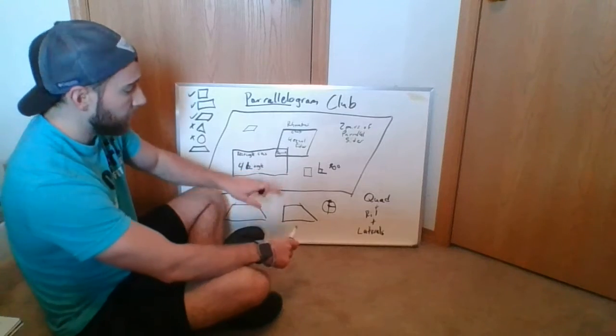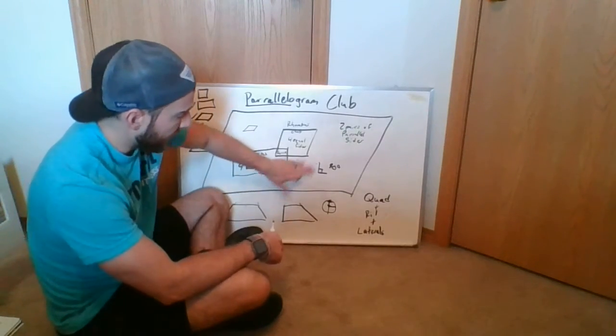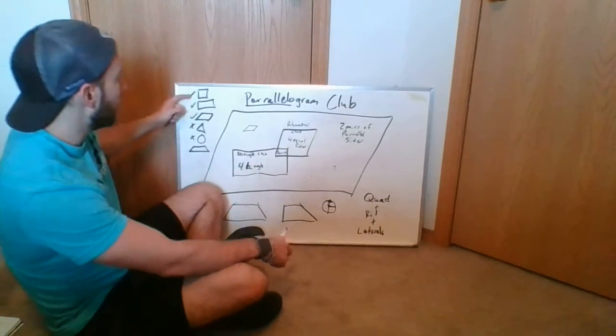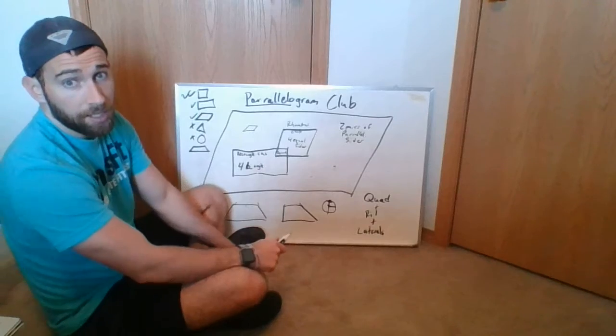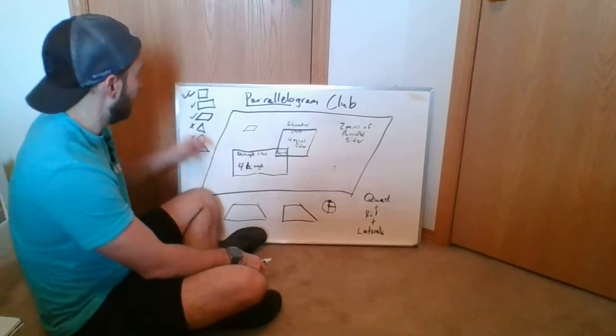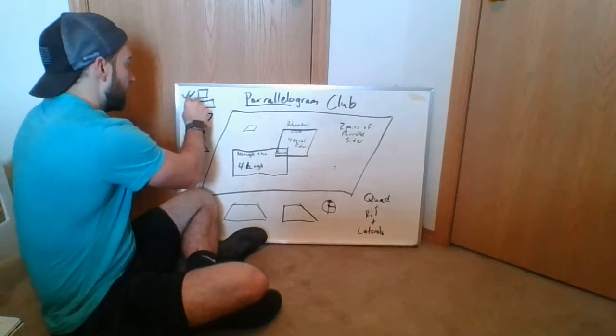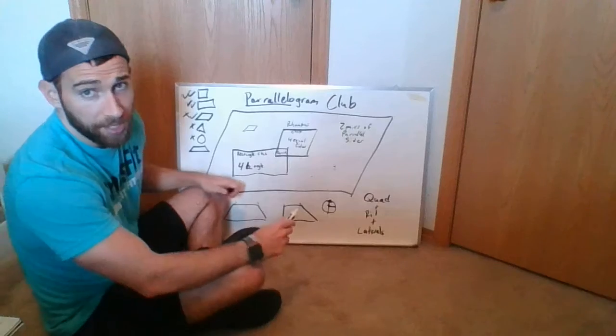So a rectangle, in order to be considered a rectangle, has to have four right angles. Now looking at this, a square is considered a rectangle. So a square could also be called a rectangle. It's another name for it. A rectangle can obviously be called a rectangle, but a rhombus cannot. And here's why.